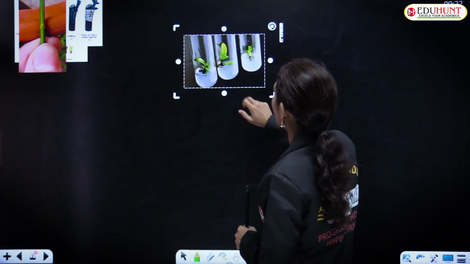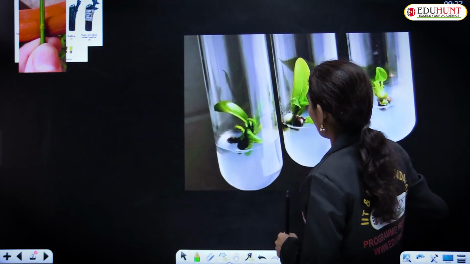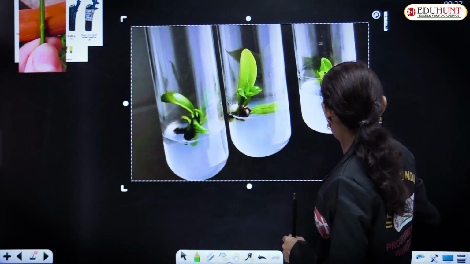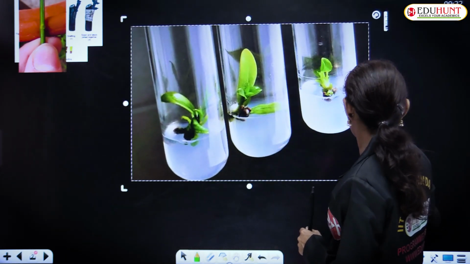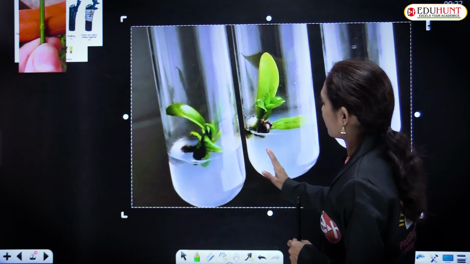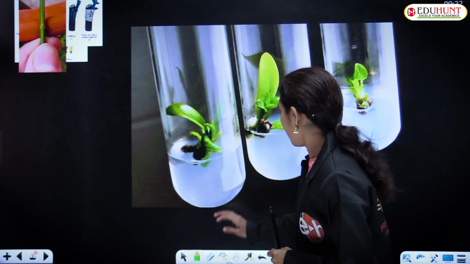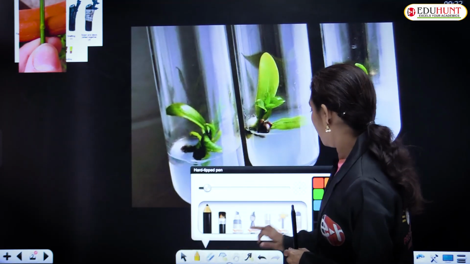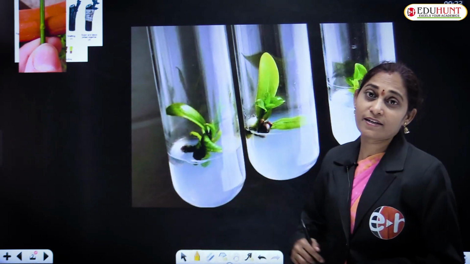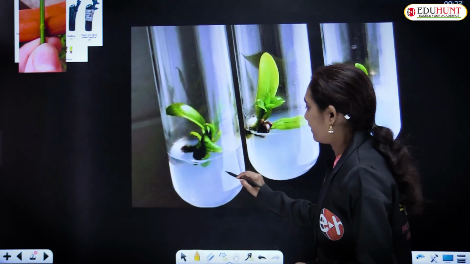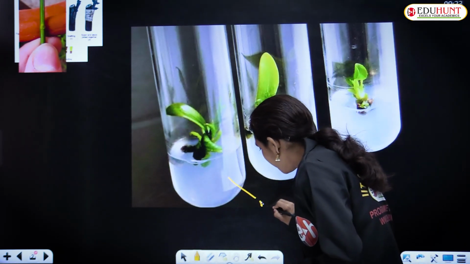Yes, these are test tubes. You can see clearly the test tubes. These are 3 test tubes in which small plantlets are there. This is the nutrient medium.